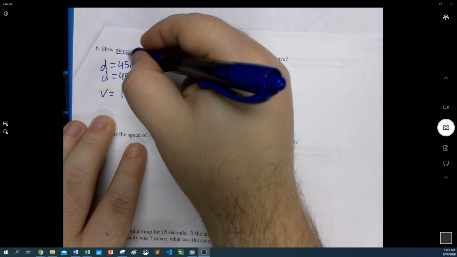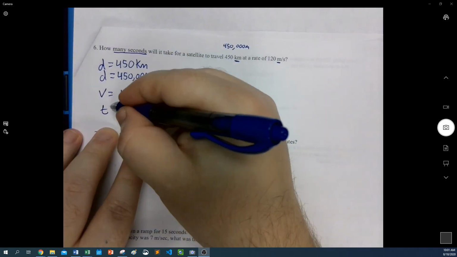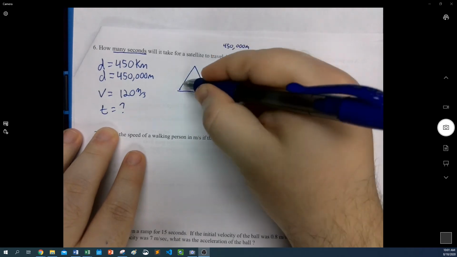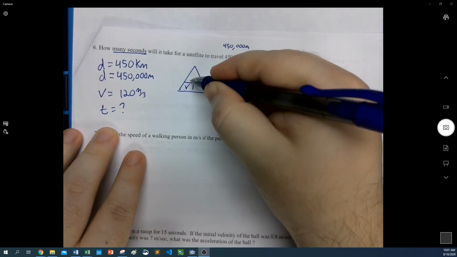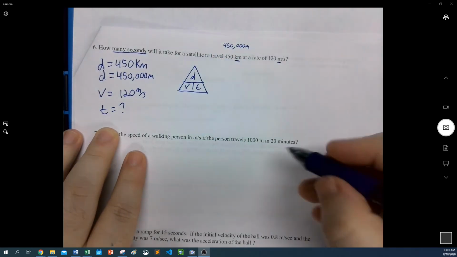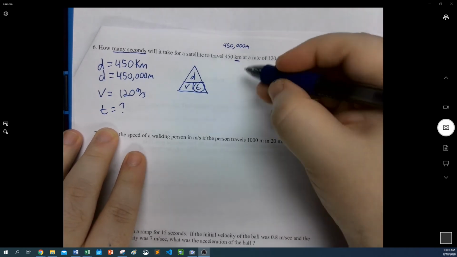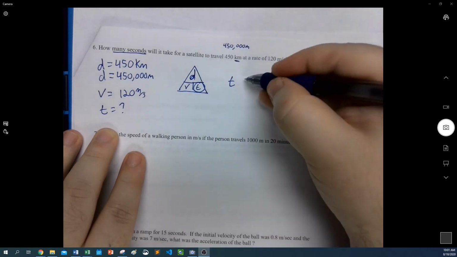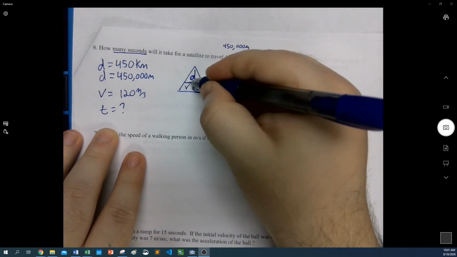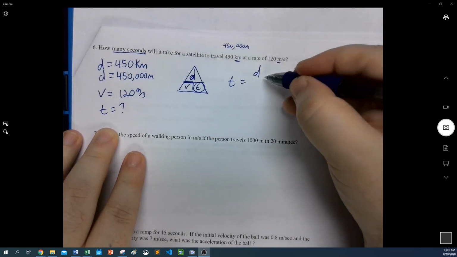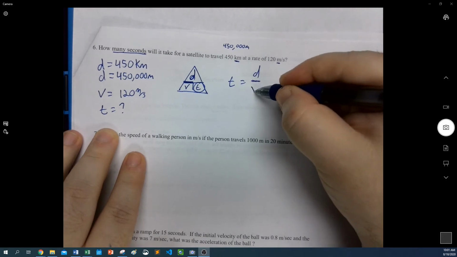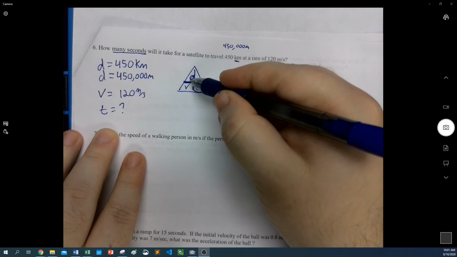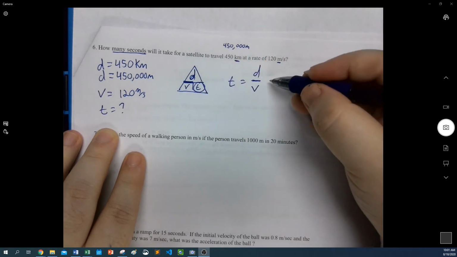And we're looking for how many seconds. Seconds is our time. So we are looking for time. Time is equal to distance divided by our speed, or velocity.